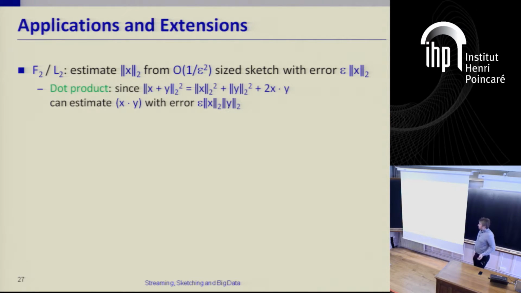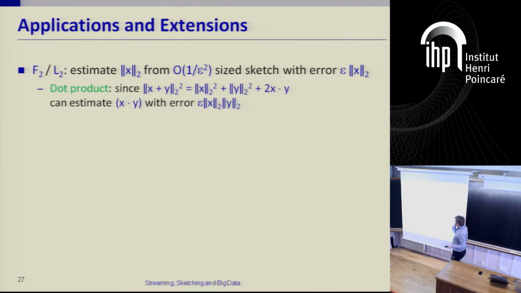What else can I do? I can do inner products. I can do inner products more directly, but without proving anything else, I could say I can do inner products because I can write an inner product between x and y in terms of a bunch of sums of squares of x individually, y individually, and x plus y. So I can build 3 sketches, one to estimate the squared norm of the sum, one to estimate the squared norm of x, one to estimate the squared norm of y, rearrange, and the error that I get is not what I'd want.